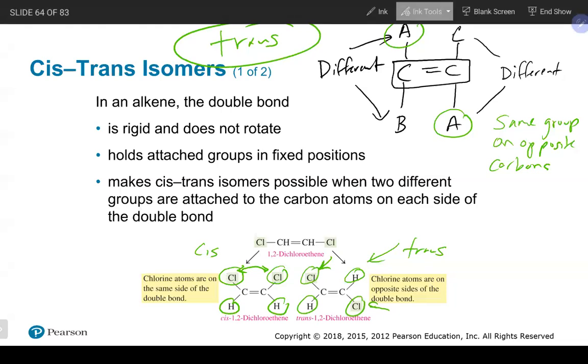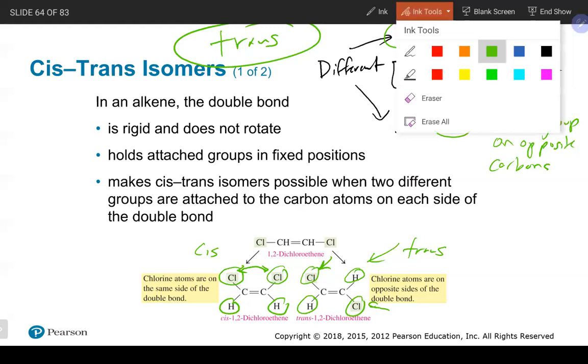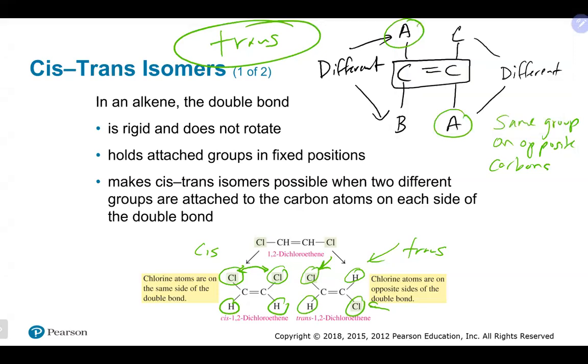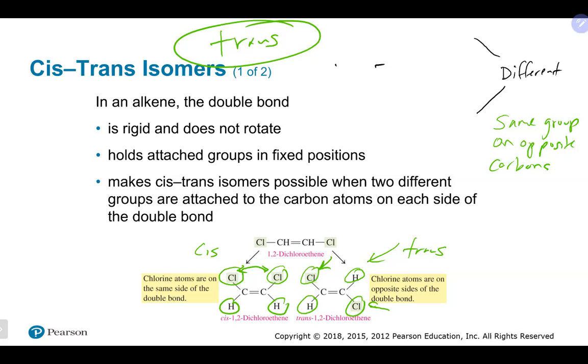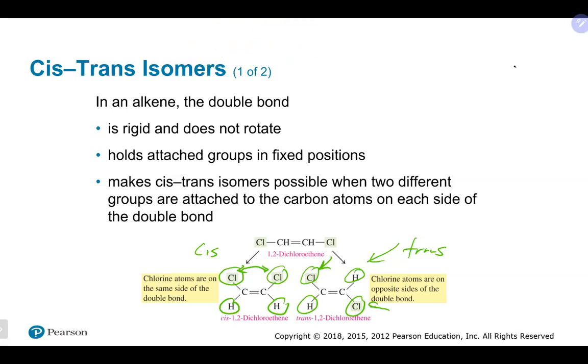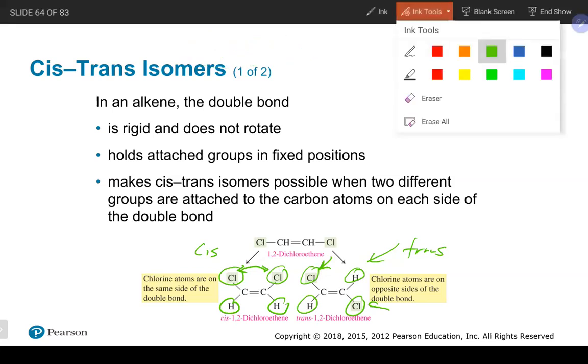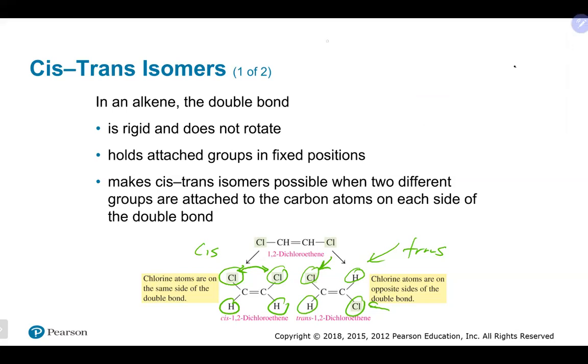Now, a really important thing is this. I'm going to erase what's on top and steal what's on the bottom there. So we'll steal the Cl to the C, the C to the Cl.